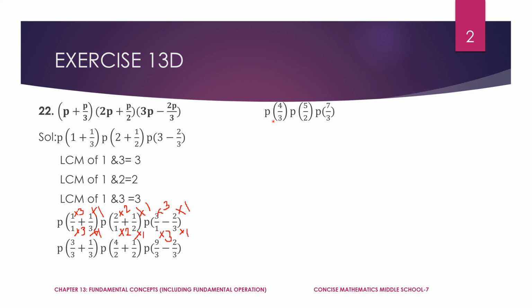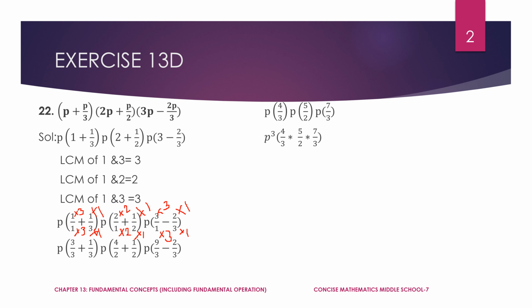Now because they are having a multiplication sign in between, you can multiply this p into p into p. It becomes p cube, and you're going to multiply this 4 by 3 into 5 by 2 into 7 by 3. Right? Now, are there any terms, numerator and denominator, that can get cancelled? See here.